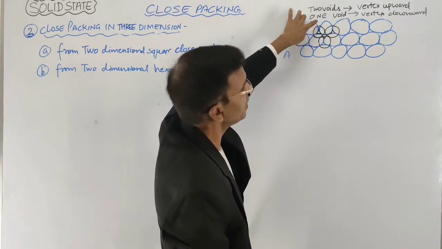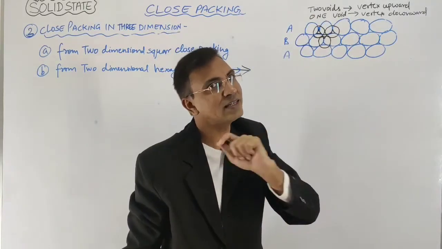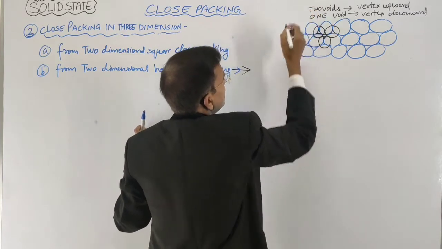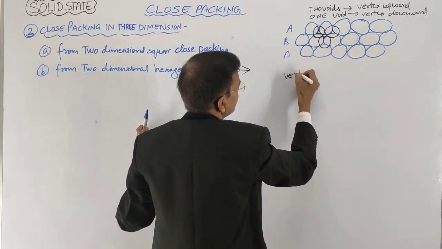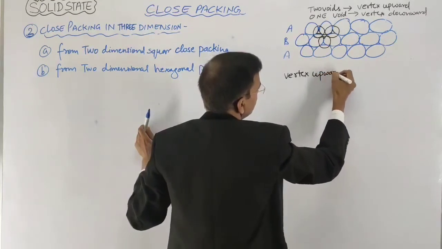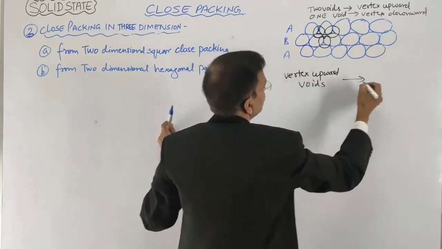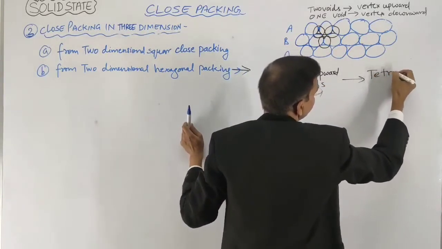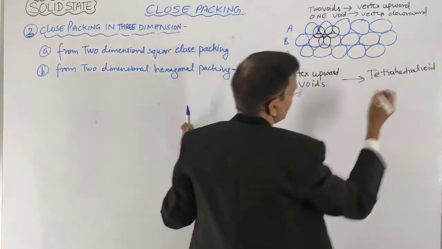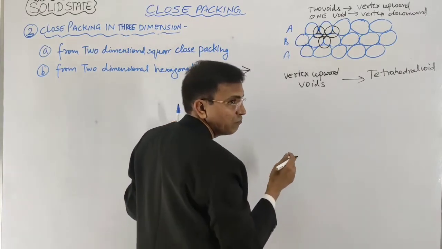And when we place the third layer over this two-dimensional structure to make it three-dimensional, the voids facing upward, the vertex facing upward, change to tetrahedral voids. So it is the voids with vertex upward that change to the tetrahedral void. Tetrahedral void means one which is formed by four atoms.